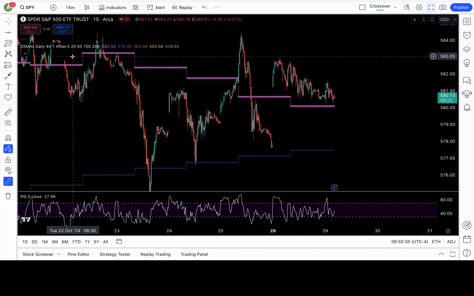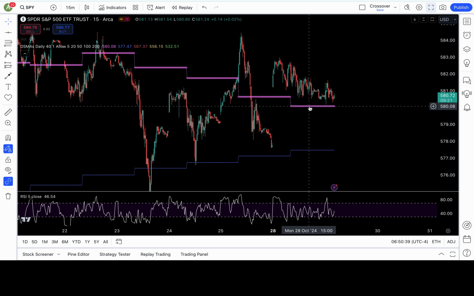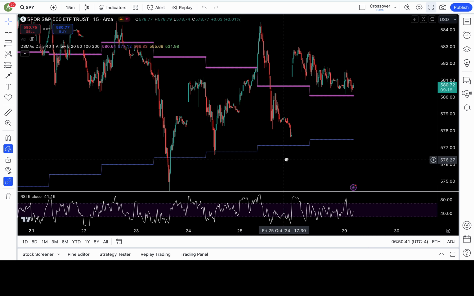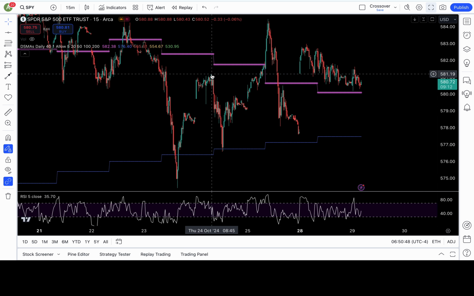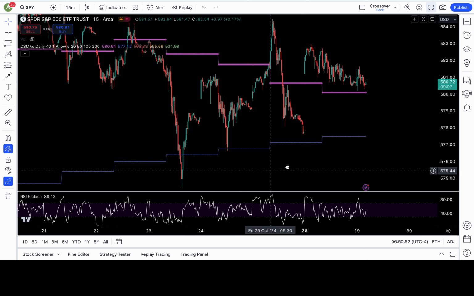Does that make sense, guys? It's on TradingView. So this is the 5 daily moving average, and this blue line here is the 20 daily moving average. Even though we're looking at a 15-minute chart, we're looking at the moving averages from the daily chart. I hope you guys understand that.